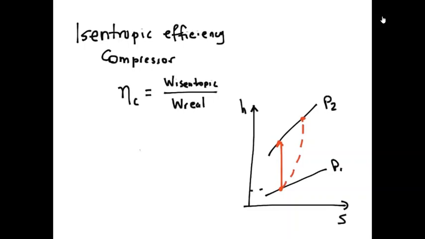So this is H1. This is H in an isentropic way, which we call H2S, and this is H2A.